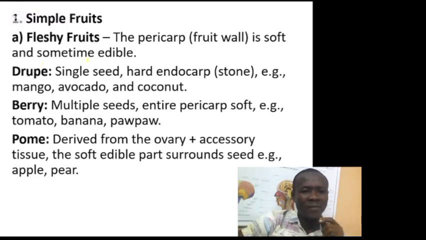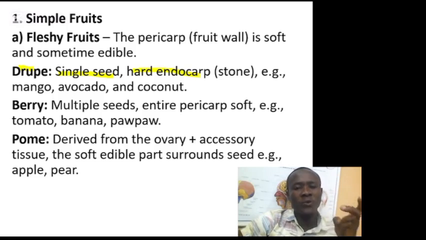One we have is the drupe. The drupe, by description, has a single seed, just one seed, and it has a hard endocarp. Now, in the pericarp, you have the exocarp, mesocarp, and the endocarp. The exocarp and mesocarp are soft.